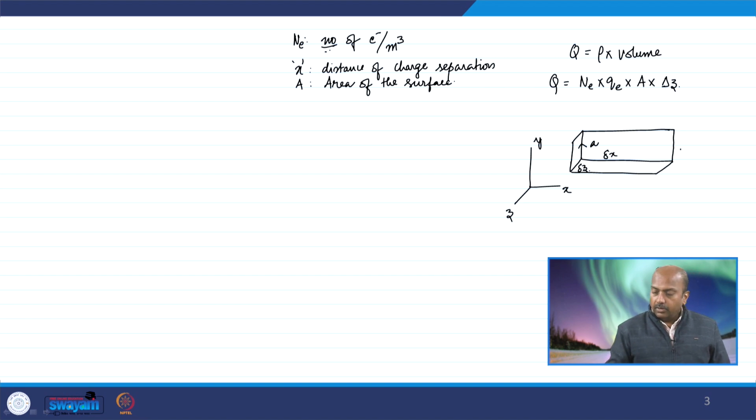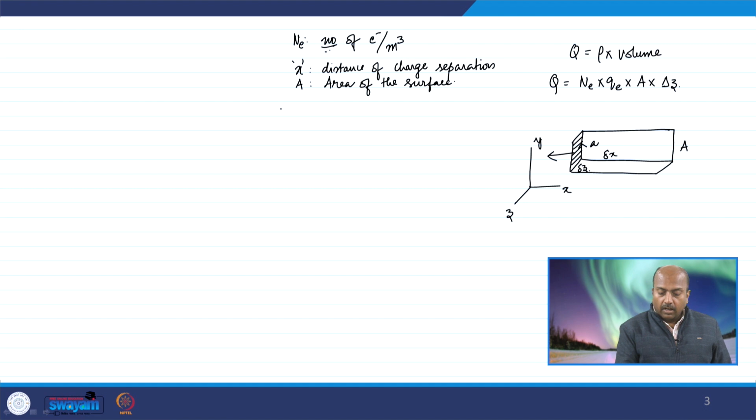The area of the surface is capital A. Okay. Now, we are talking about the area element that is here. So, the direction of the area element is perpendicular to the surface at any point on the surface. Okay. All right. So, this is the area of the surface.